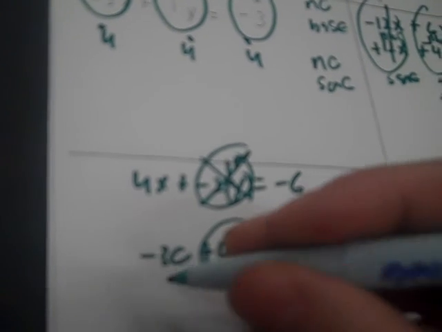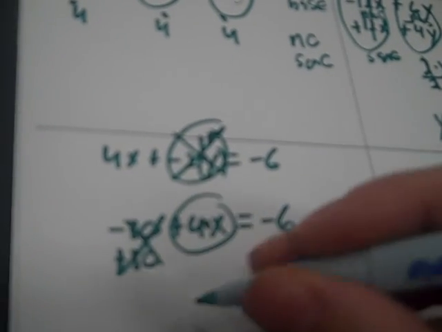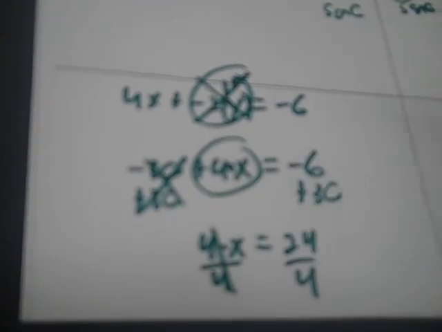Dot my 4, and then I plus 30. Plus 30. So negative 6 plus 30. 24. So 24 divided by 4 is 6.